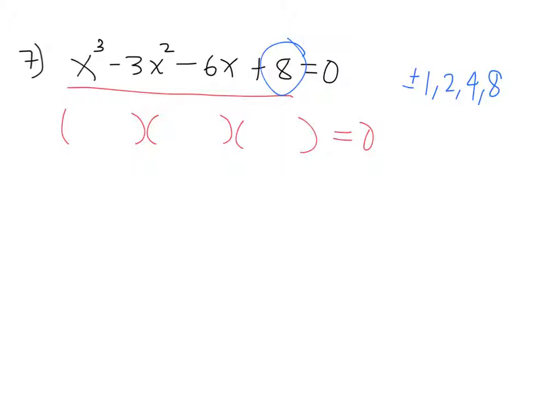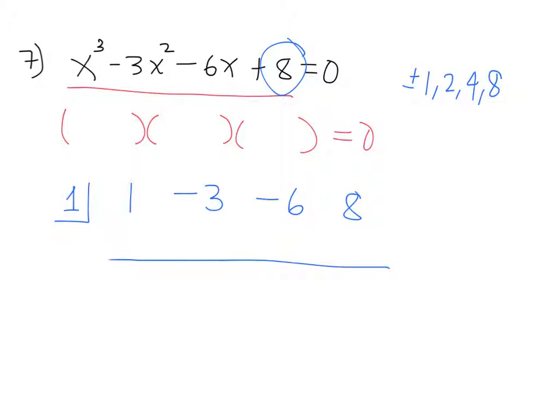And to check 1, since we already learned synthetic division, we can apply synthetic division to determine whether 1 will be a possible number to be used for the factor. So how do we apply synthetic division again? We get 1 from x cubed, 1x cubed, minus 3, minus 6, and 8.